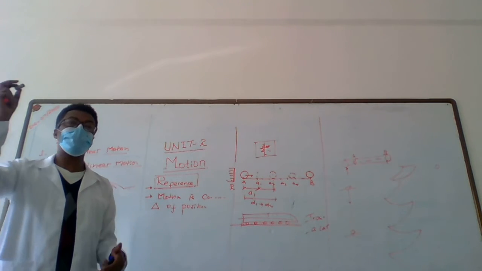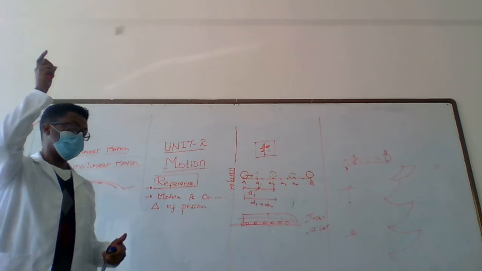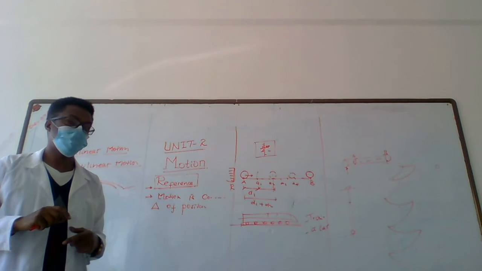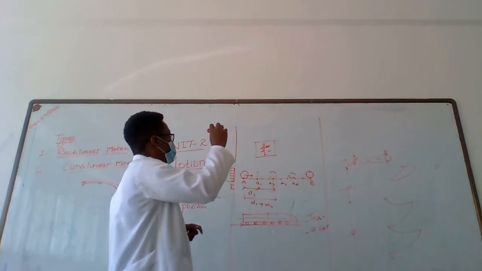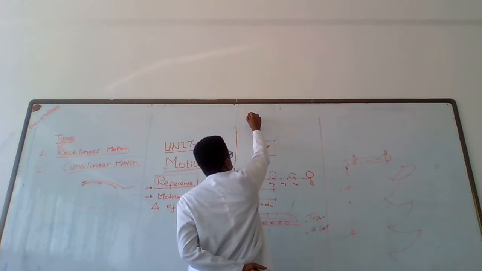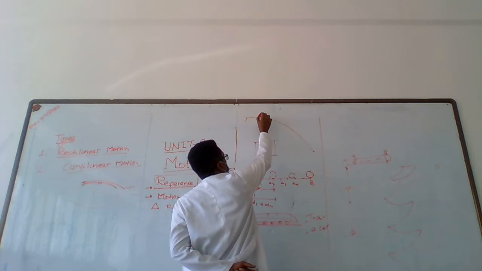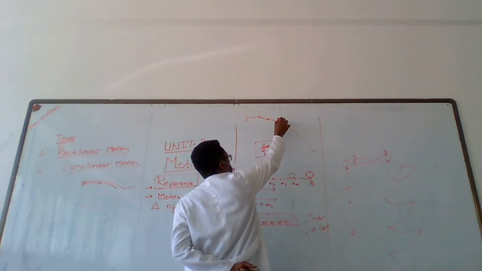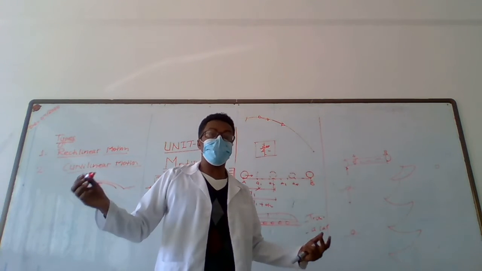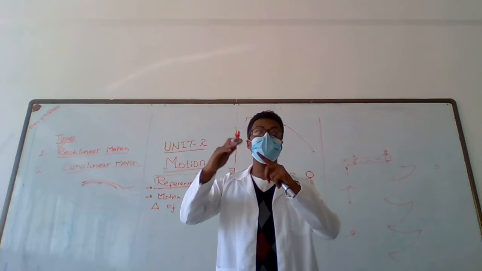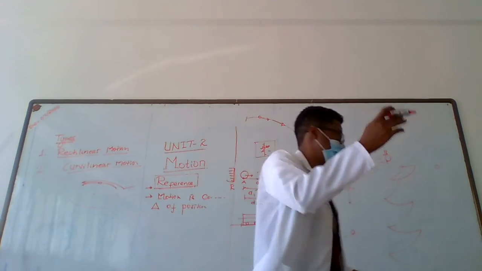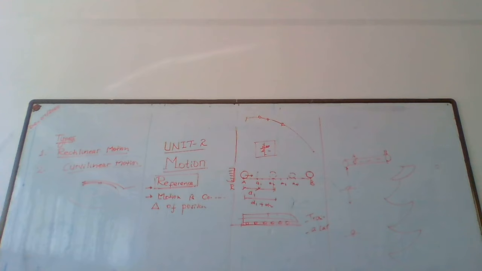For example, if I'm throwing this one, when I'm throwing it, it followed this kind of curved path. It followed the curved path, so it is curvilinear motion. Another example would be shooting a basketball.